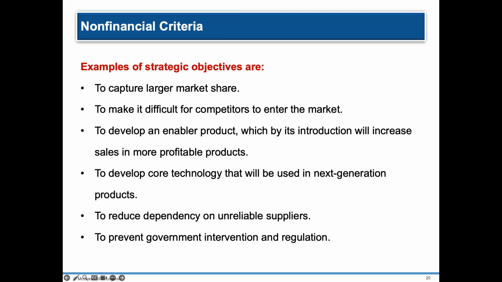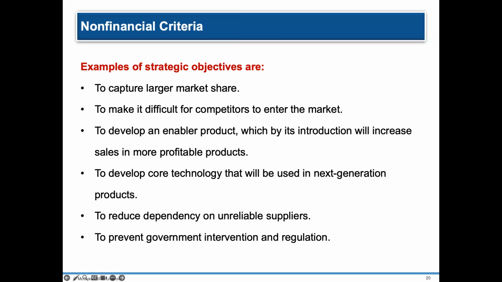And by doing that, the loss from developing or introducing the enabler product will be made up for by the increase in sales of these products that have higher margins. All right. So next example, you want to develop core technology that will be used in next generation products.